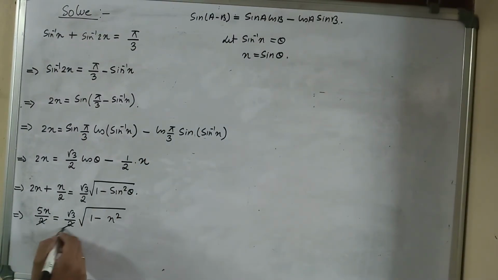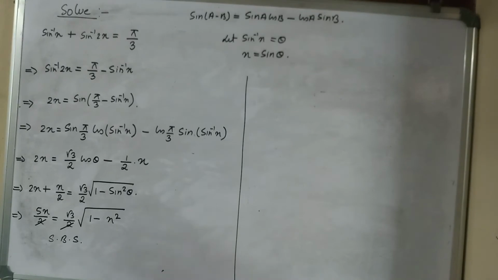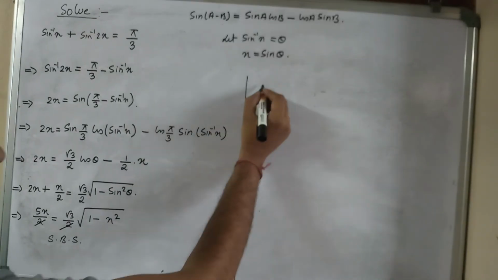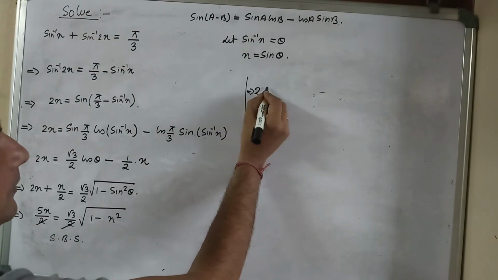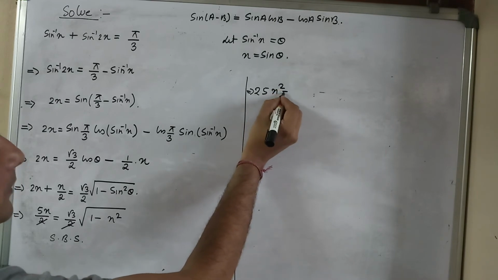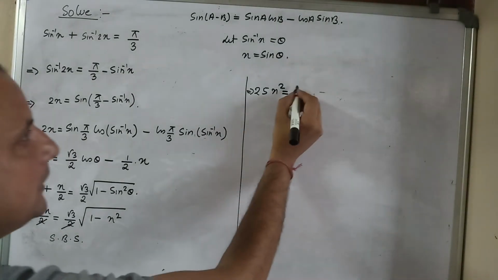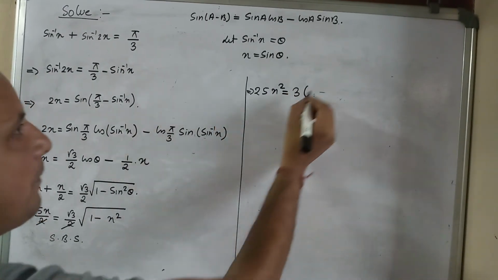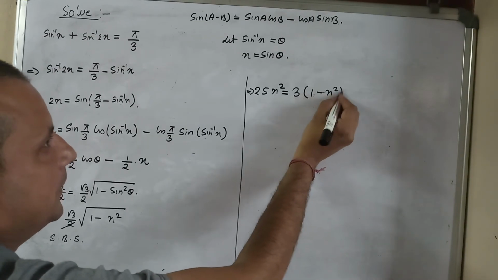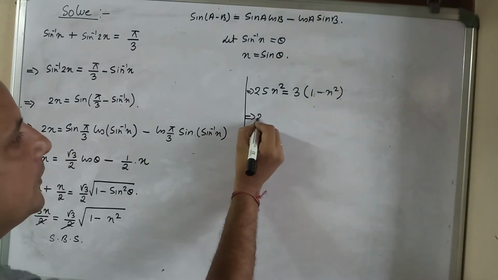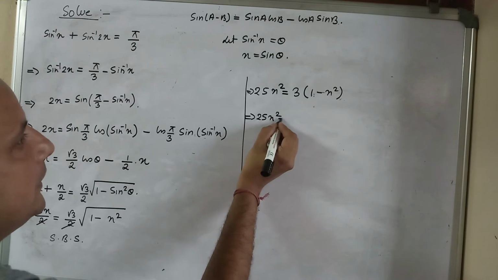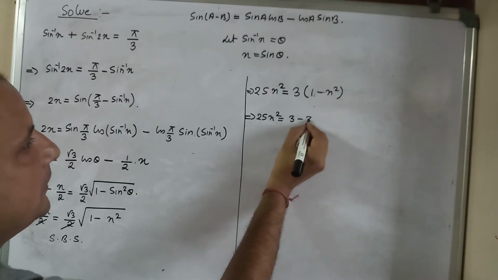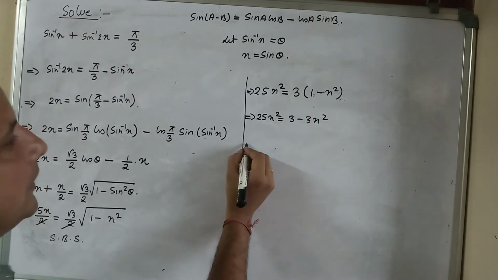Root 2 gets cancelled. To remove this root, what you have to do is square both sides. If you square these two quantities, 5x whole square is 25x square, equals root 3 square, which is 3, into 1 minus x square. 25x square is equal to 3 minus 3x square.